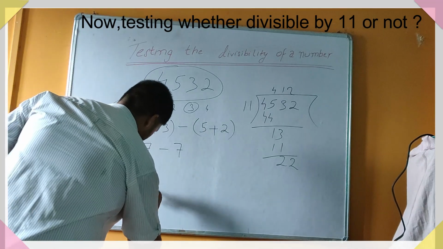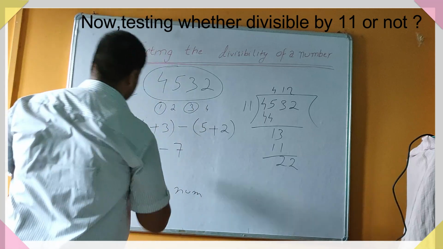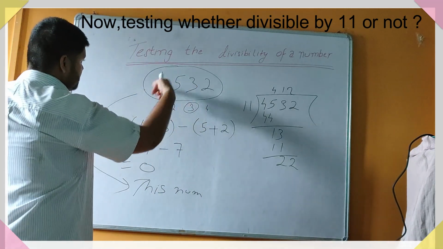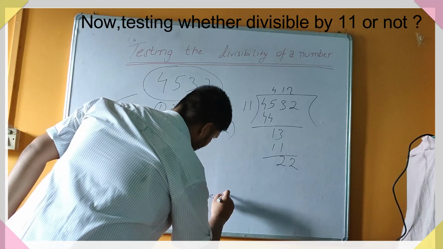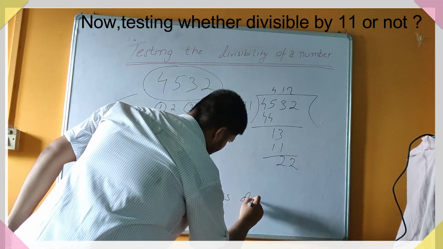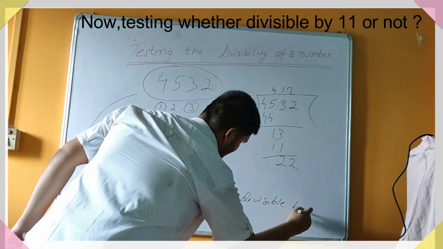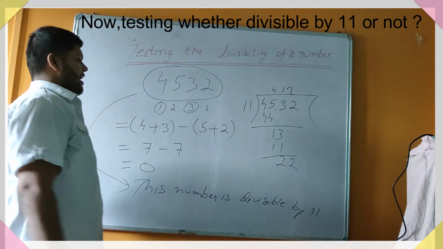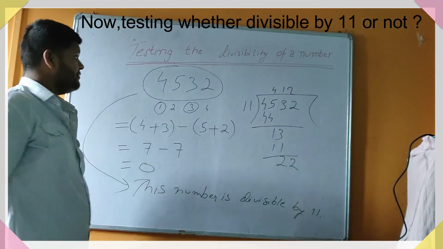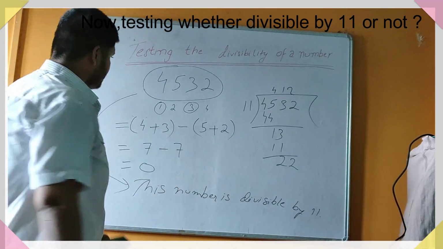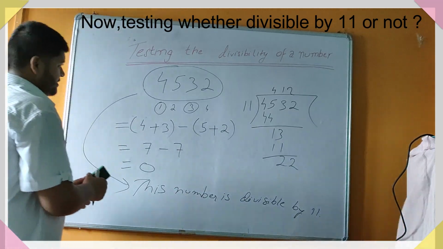That means we can conclude this number is divisible by 11. I hope you are clear with this concept, but once again I will repeat this 11 process. Don't worry, I will take a different number. I am erasing this.